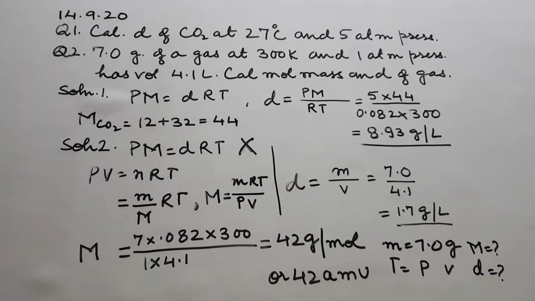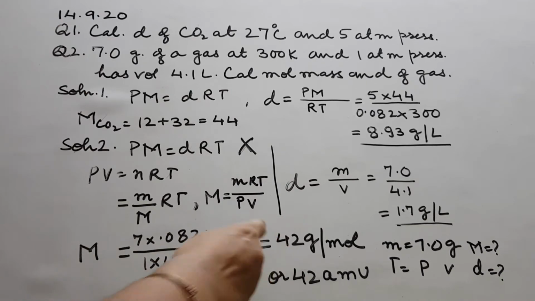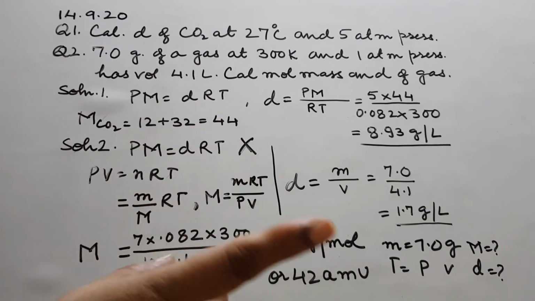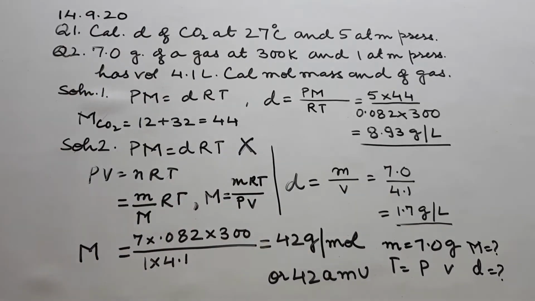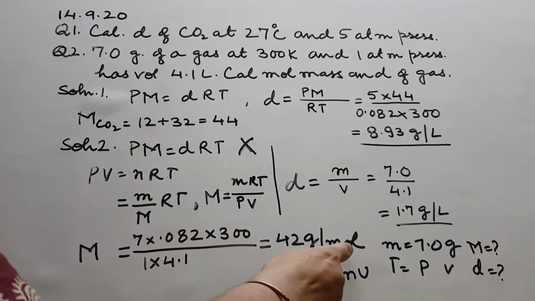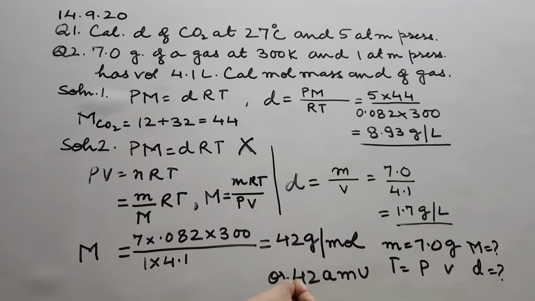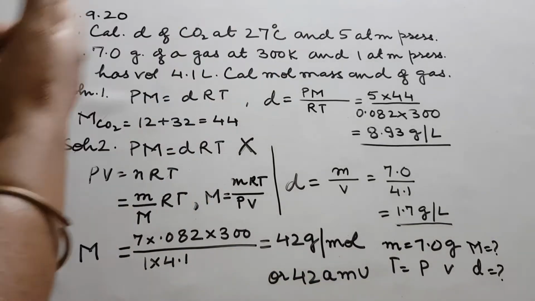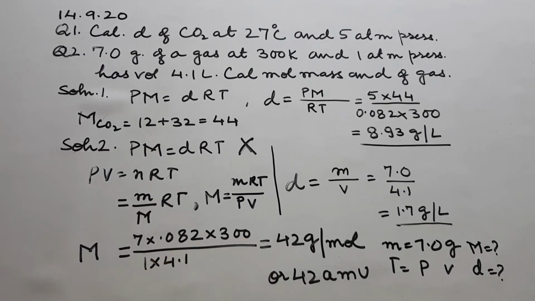What we calculate is the mass of not one molecule but 1 mole of molecules. So that's why it is so and so grams per mole, or just AMU. AMU means the molecular mass of only 1 molecule. So that's how it is.